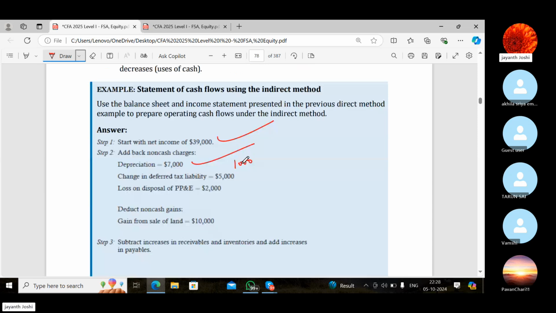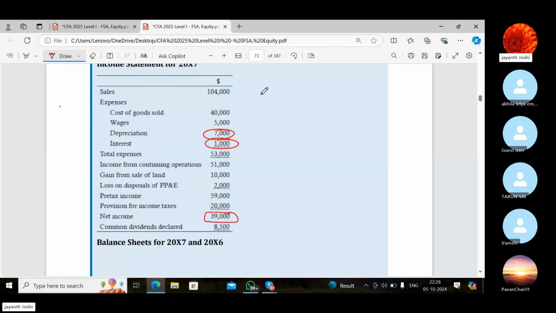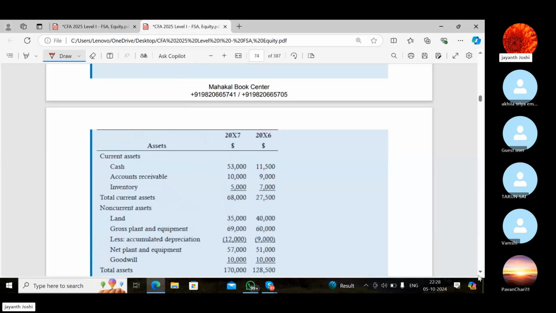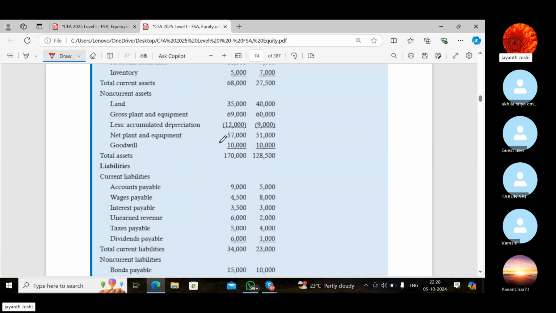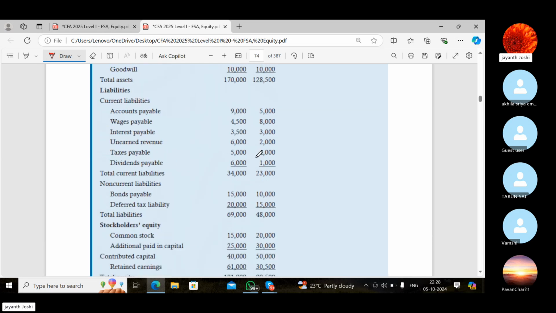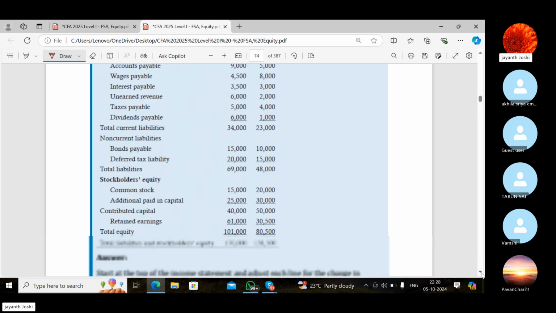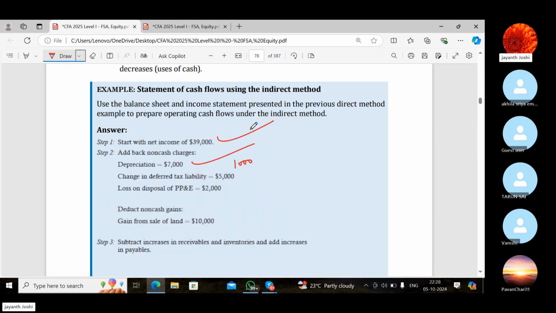So I added 1000 and the change in deferred tax liability also. We have to account the changes. Deferred tax liability has increased. When the liability has increased, it is an increase in cash, so we add. It is just an increase in the liability.